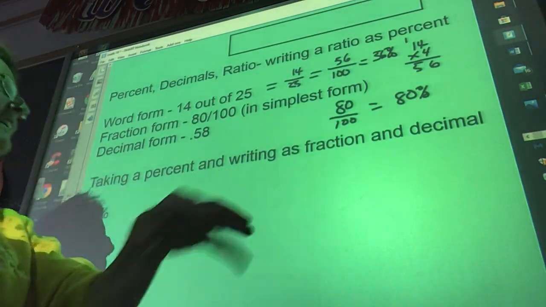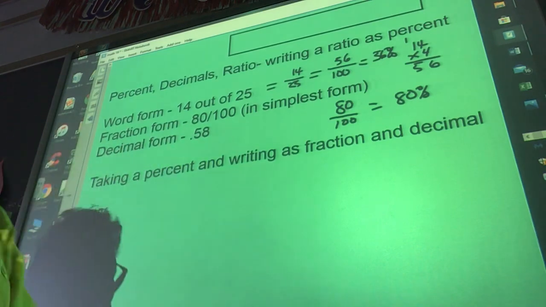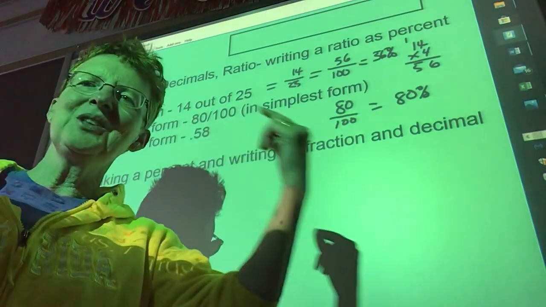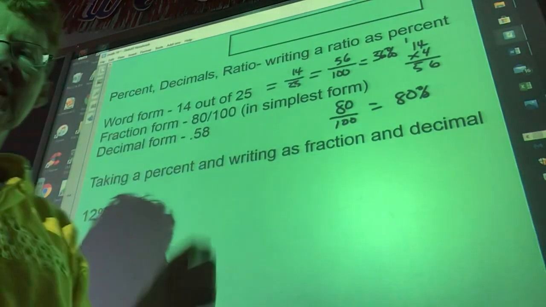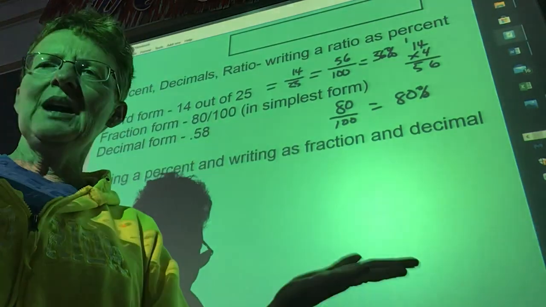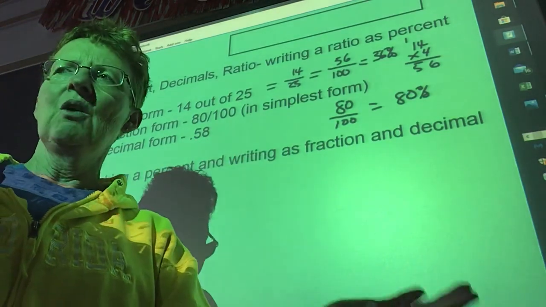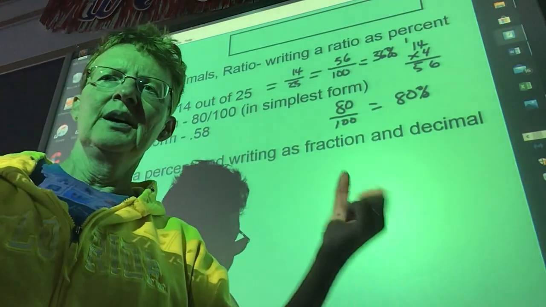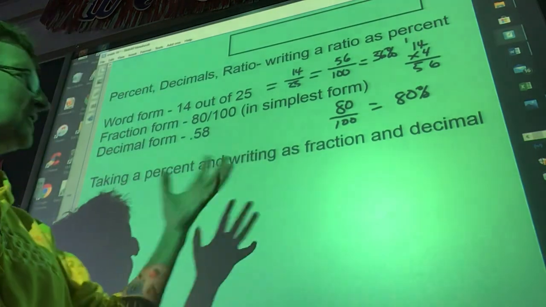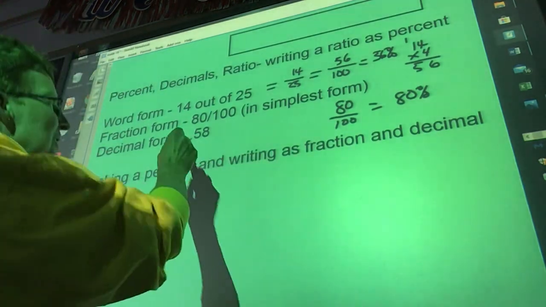Now, even easier is changing a decimal to a percent. We know that all we have to do is multiply our decimal value by 100 to get to a percent, and the easiest way to do that is just to move your decimal.